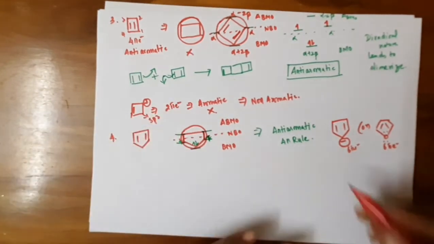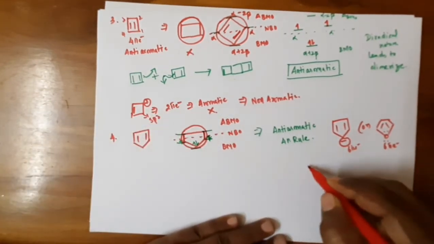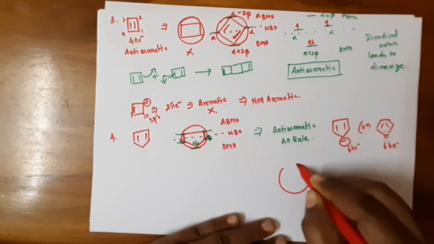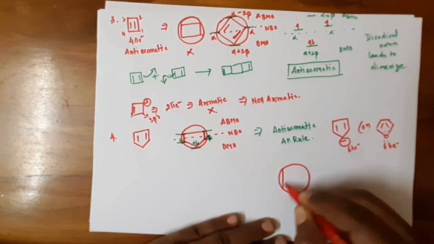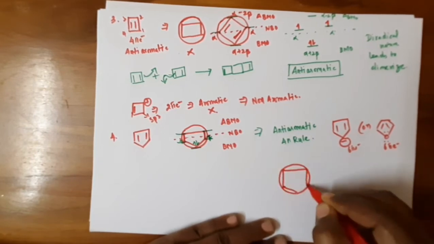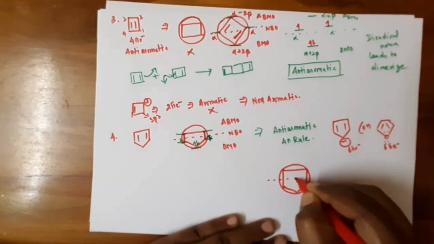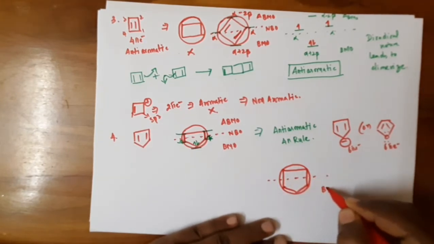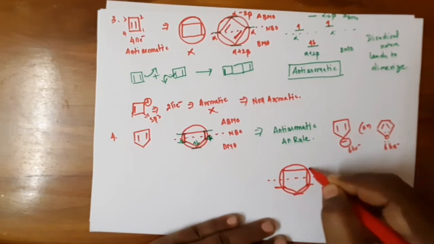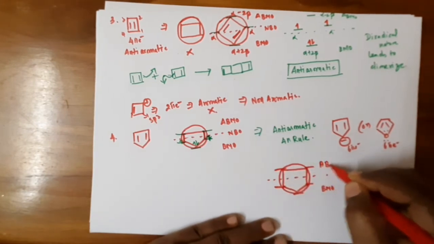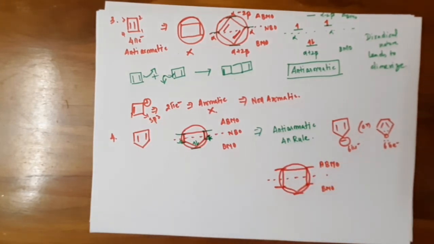So draw the Frost circle for this. Draw the horizontal line, below this line is the bonding molecular orbital, above the line is the anti-bonding molecular orbital.